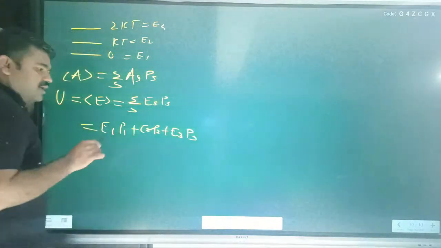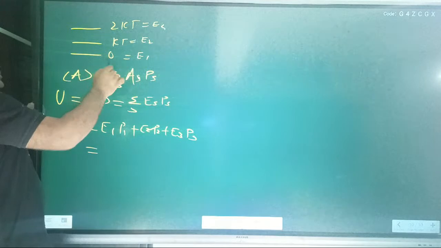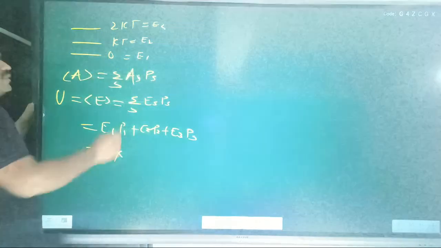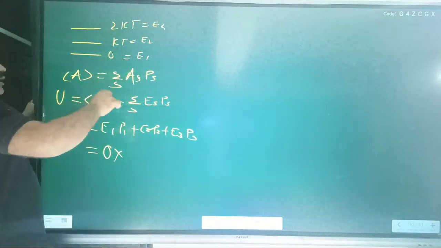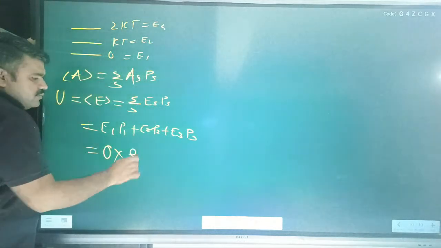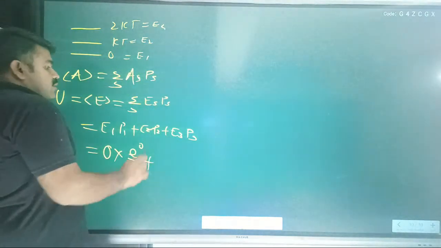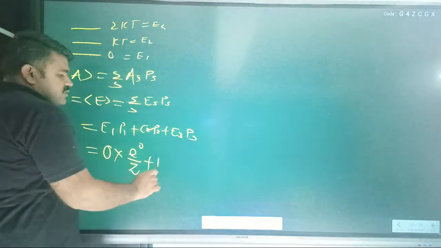हमारे पास known है which is the formula of probability. What is the energy of this state? Energy of this state 0 into probability e to the power 0 upon Z. 0 upon Z. Next. What is the second energy? Second energy is kT.